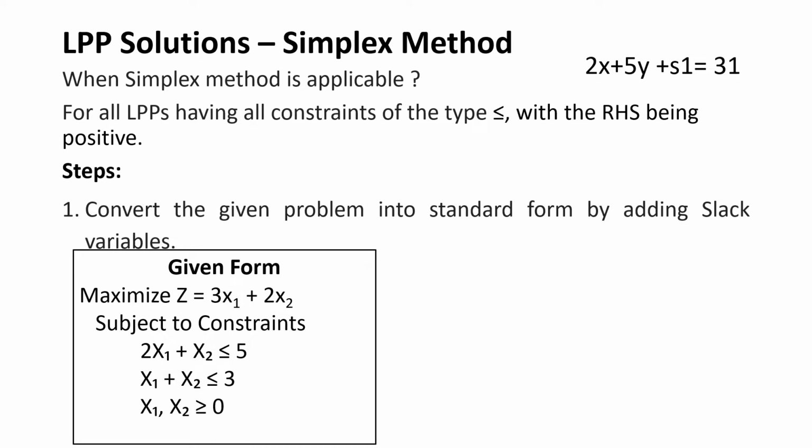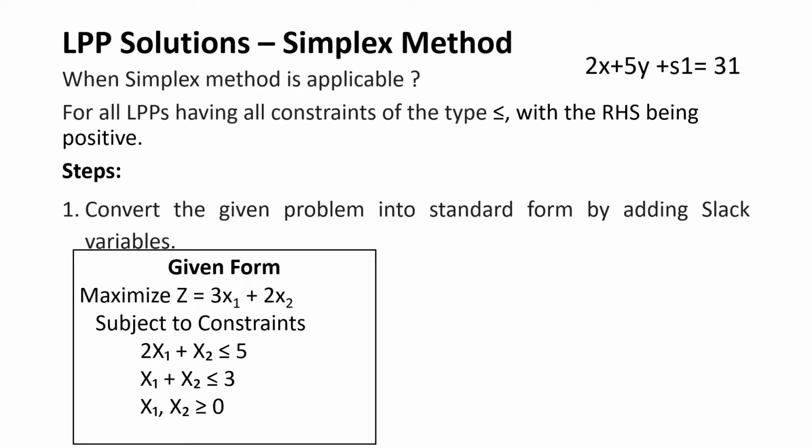If the right hand side of any constraint is negative, we have to multiply both sides of the inequation by -1 in order to make the right hand side positive. When we multiply by -1 on both sides, the nature of the constraint gets reversed. That means if it is a less than or equal to type of constraint, it becomes greater than or equal to. If it is a greater than or equal to type of constraint, it becomes less than or equal to.